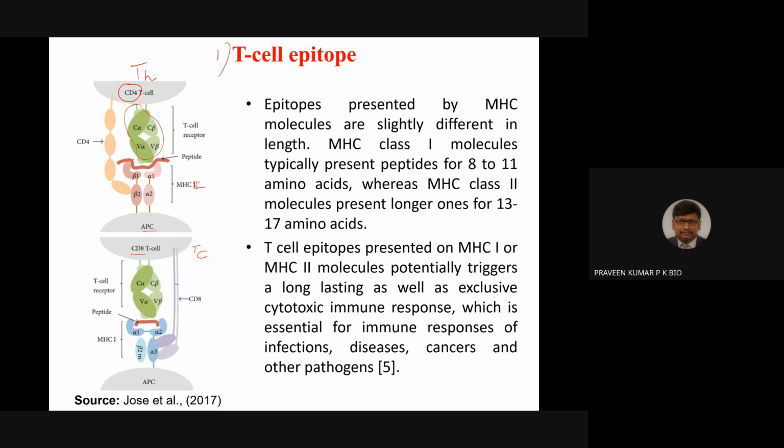What is the purpose of CD4 and the T cell receptor interacting with the MHC2 molecule? Because of this interaction, the T helper cell gets activated, and one T cell proliferates into two T cells.